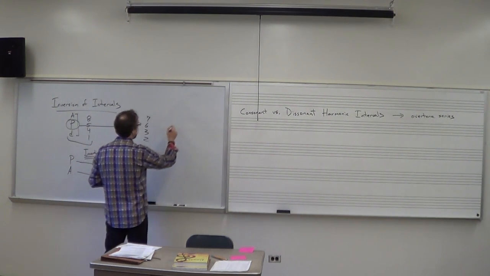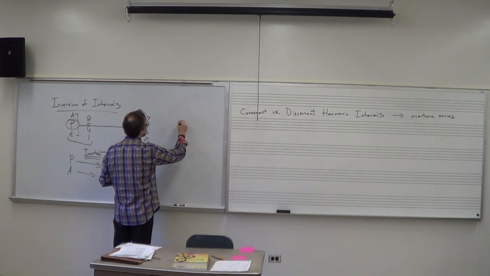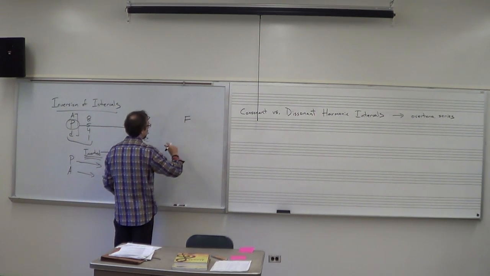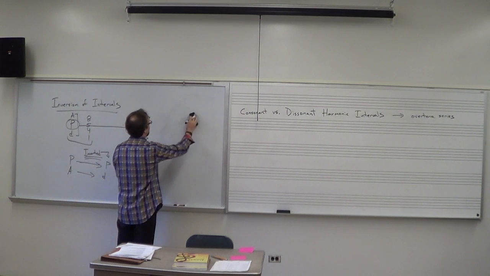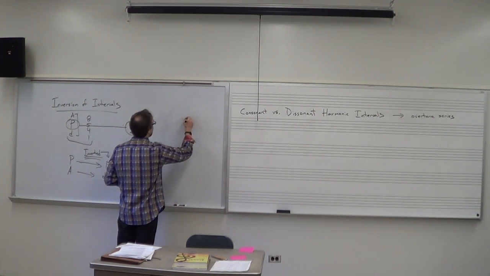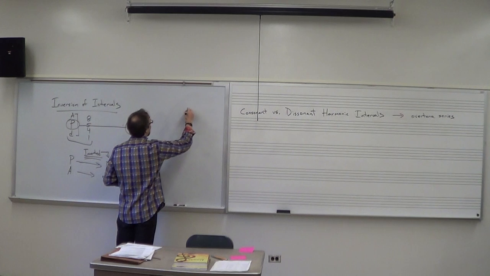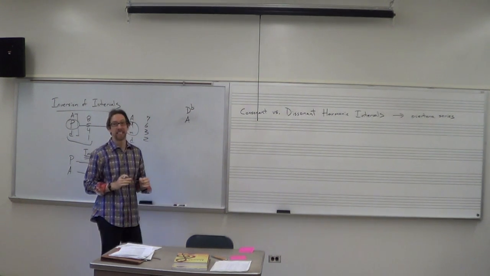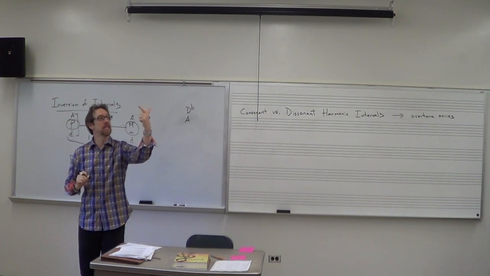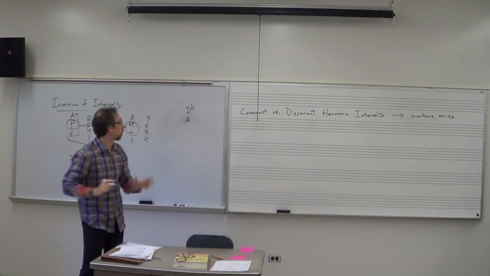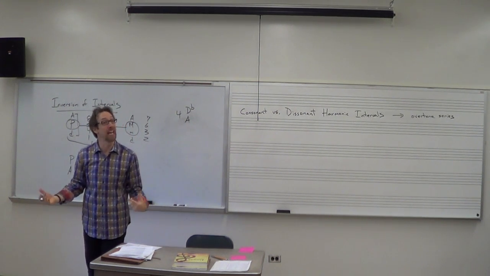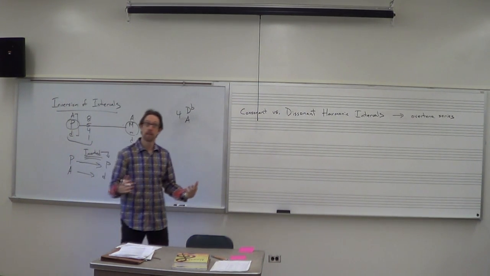And let's take a diminished interval. We'll start with A to D flat: A, B, C, D, it's a fourth. Is D flat in the A major scale? It is not.